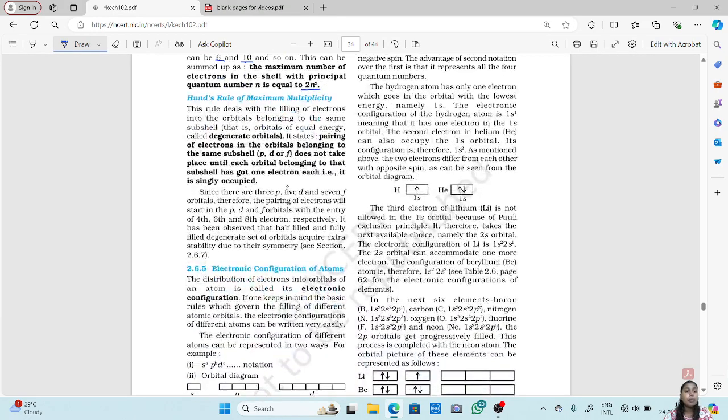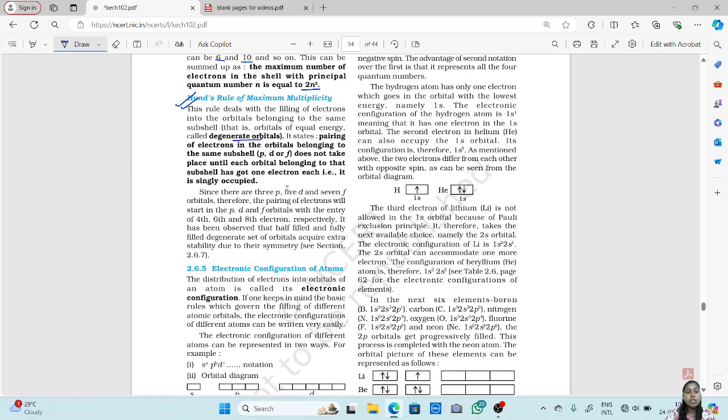Now, next is Hund's rule. What does Hund's rule of maximum multiplicity state? This rule deals with the filling of electrons into the orbitals belonging to the same subshell, that is, orbitals of equal energy called degenerate orbitals.